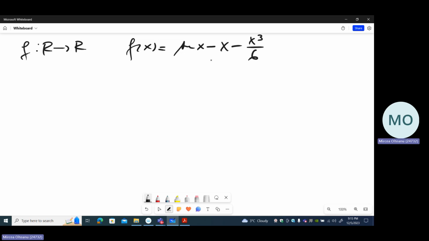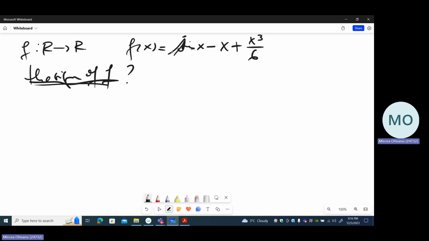And the question is to study the sign of f. That's the question. Now, let's put here plus. Okay. Now, the problem is that, of course, we cannot find directly the sign of the function f.